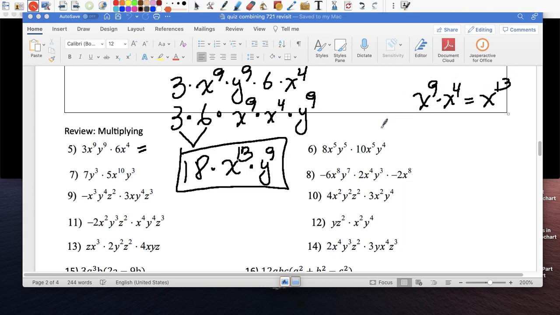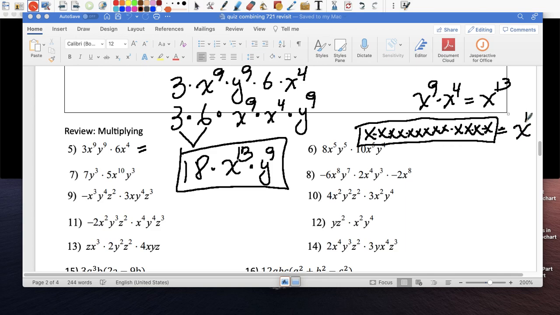So what's x to the 9th power? It's 1, 2, 3, 4, 5, 6, 7, 8, 9. X times x times x 9 times, right? Times, and guess what? 4 more. 1, 2, 3, 4. So now they're all being multiplied. So if I showed you all these x times x times x 13 times, and I said, how can I rewrite this using an exponent, you would say, well, that's easy.